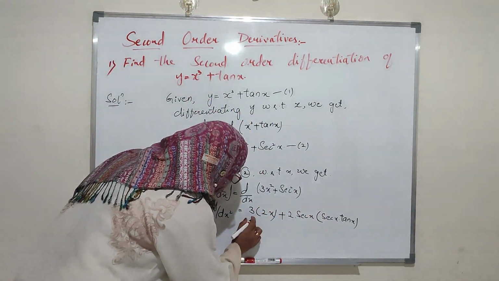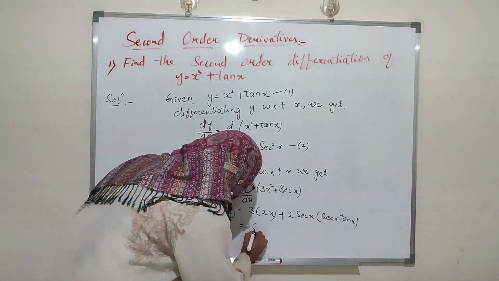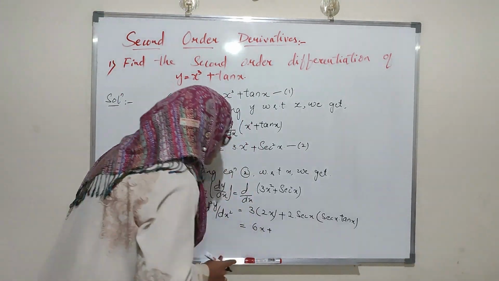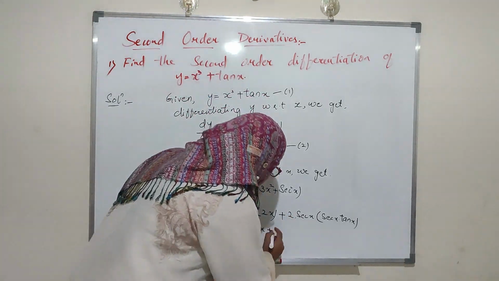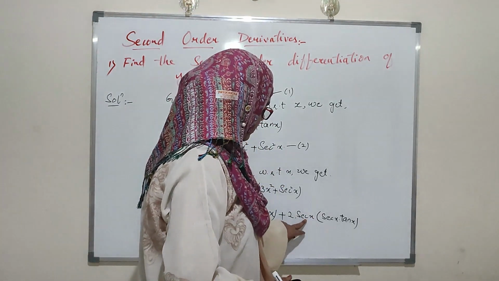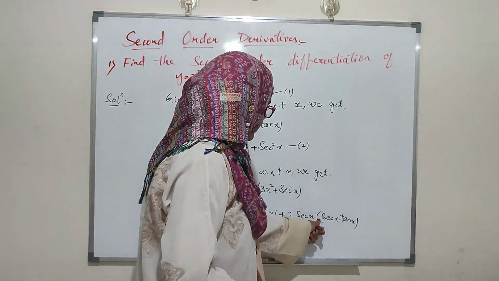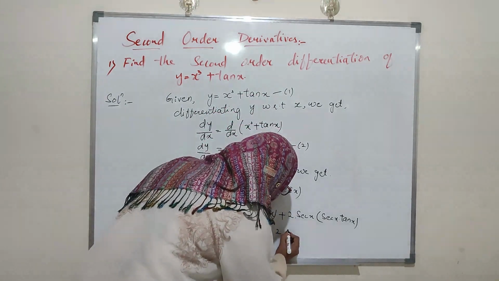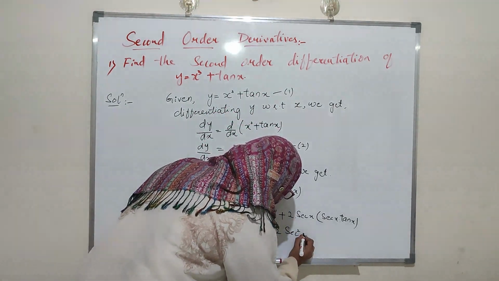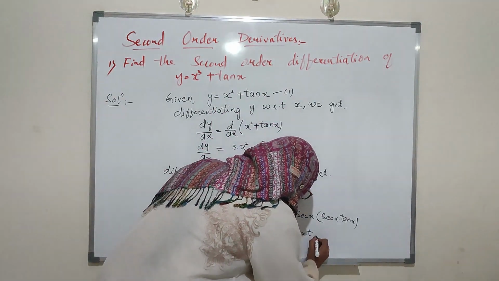Now 3 into 2 is 6, 6x plus 2 as it is. Now we have to multiply sec x into this bracket. Sec x into sec x is sec square of x into tan of x as it is.